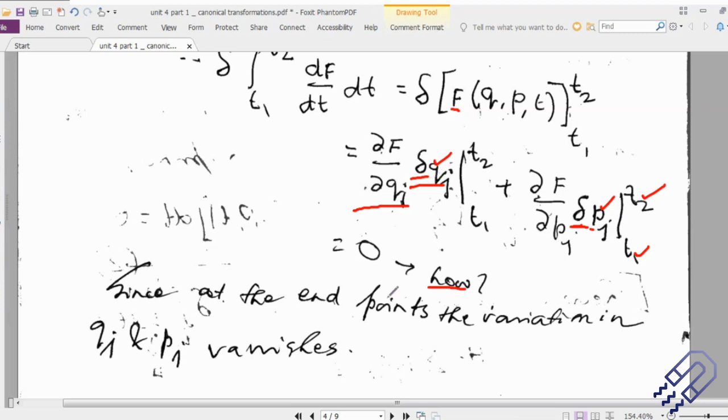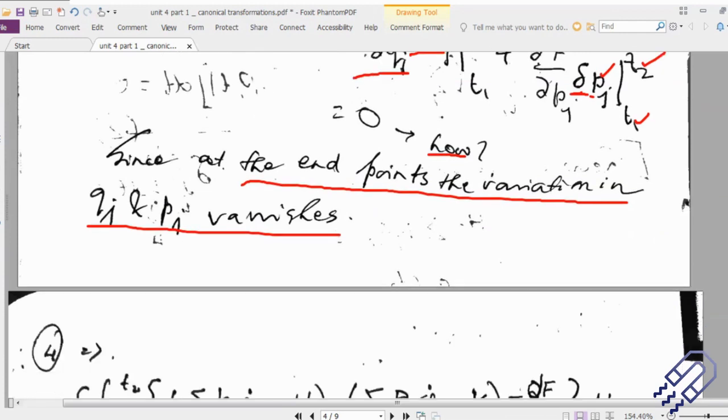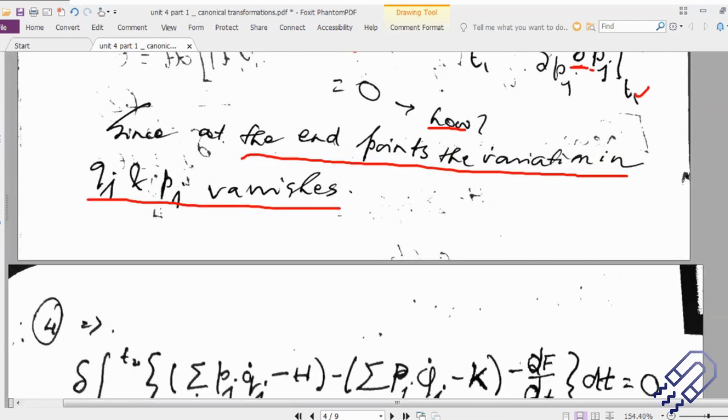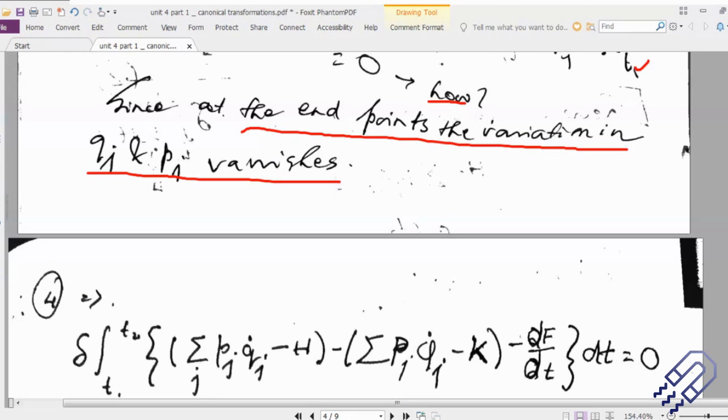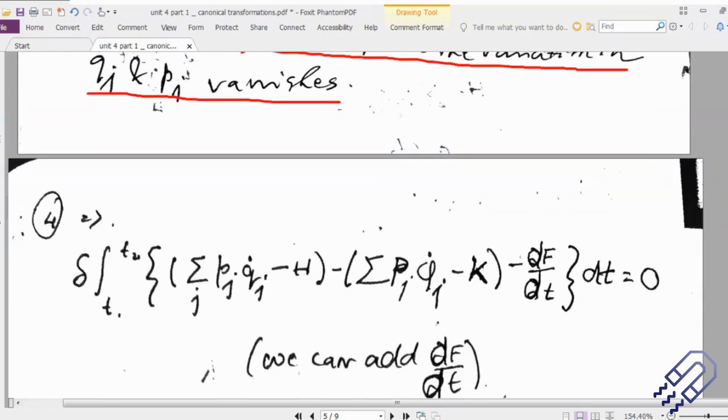So at the end points, the variation in qj and pj will vanish. At the end points, they more or less will be at the same point. There won't be much variation in the coordinates, and there won't be any variation in the momentum. Now the question is, why did I do this? Because I will be using it in the later case.